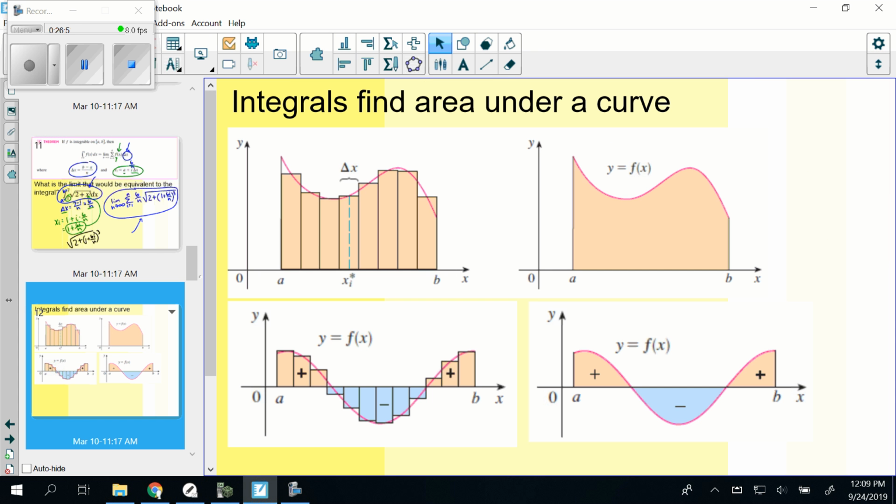Again, it finds area under the curve. Integral finds area. If you increase the number of rectangles here to infinity, now these are so small you can barely see them, you get this smooth area under the curve. If you got area underneath, again, remember that comes out negative. So you get the net sum.